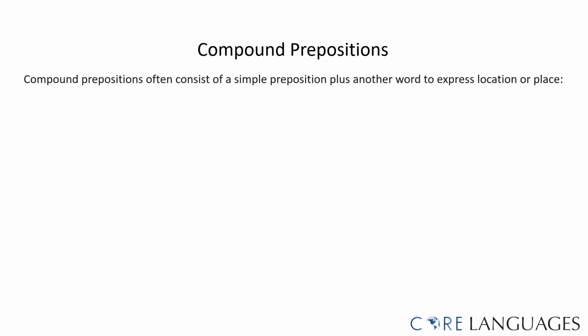Another kind of preposition that consists of two or even three words is a compound preposition. Compound prepositions can be used to express location or place as well. For example, according to, across from, except for, in addition to, in comparison to, and similar to.